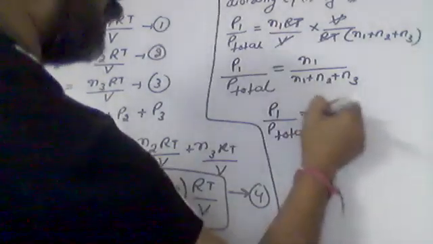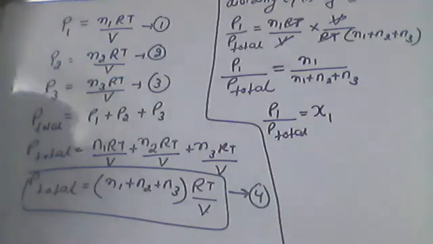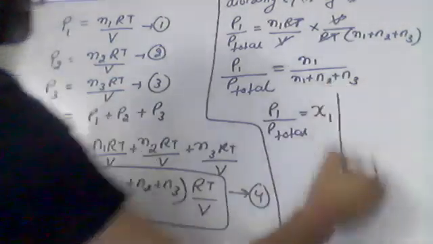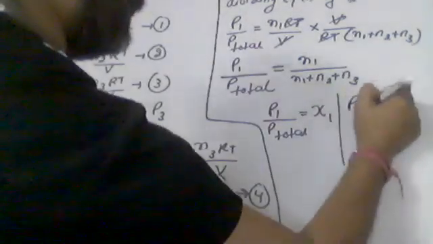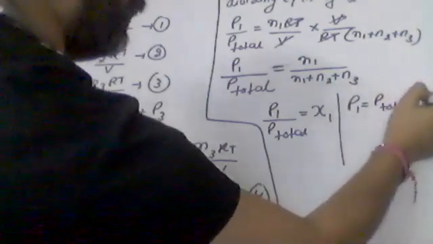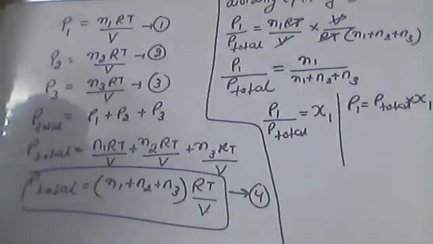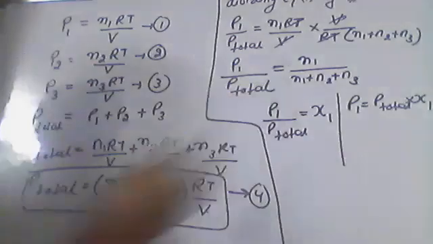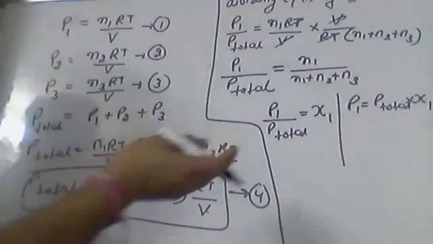P1 by P total, you know that this is a mole fraction, x1, the mole fraction of component 1. So from here I can derive a relation: partial pressure will be equal to P total into x1. Partial pressure of component 1 is equal to P total multiplied by the mole fraction.